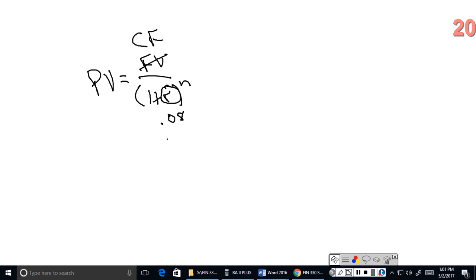If you've got a really risky project, maybe the expected return or the discount rate is 18%. With this number here, the present value is going to be smaller. So the higher the discount rate, the smaller the present value. We went over that probably at least a couple of times in class. So does that make sense to everybody in terms of what's happening?